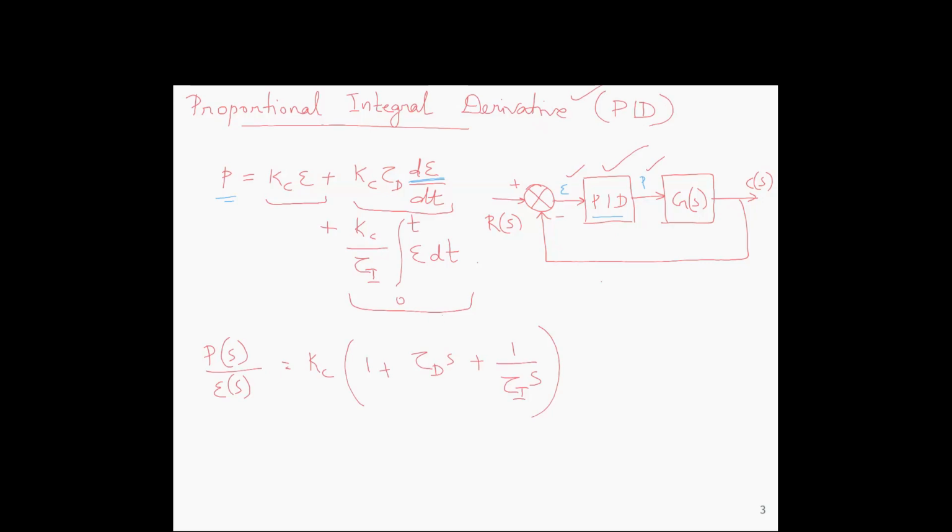So we are integrating the error, we are taking the derivative of that error, and also we are taking the proportional value of that error. So it is a combination of proportional, integral and derivative modes of operation. Here the transfer function is Kc into 1 plus tau d s plus 1 by tau I s. It has the advantages of the proportional, integral, and derivative modes.